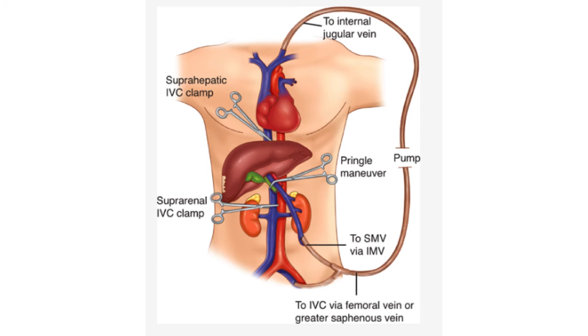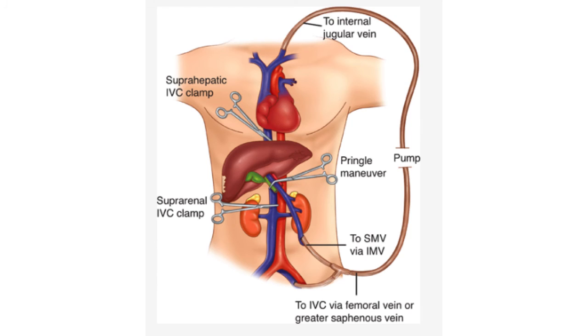If the patient continues to bleed in that scenario, where you've done the packing, you've done the Pringle maneuver, then you should try to do a direct repair with or without hepatic vascular isolation.